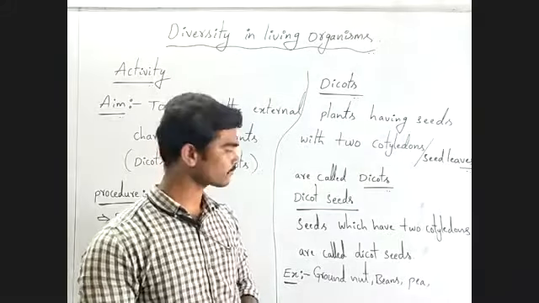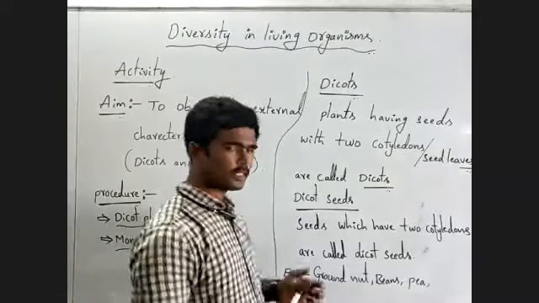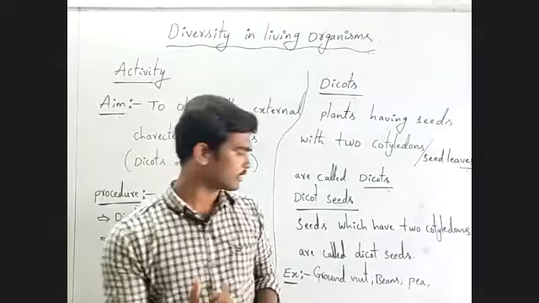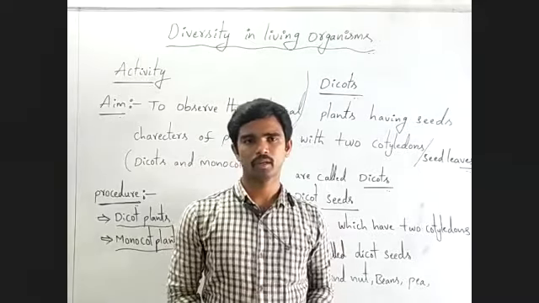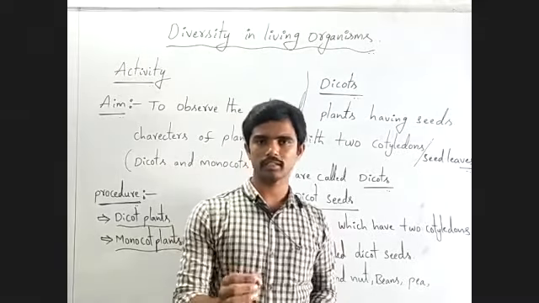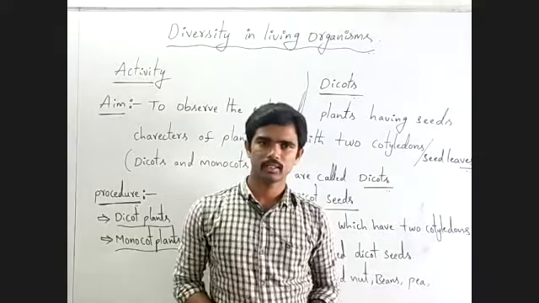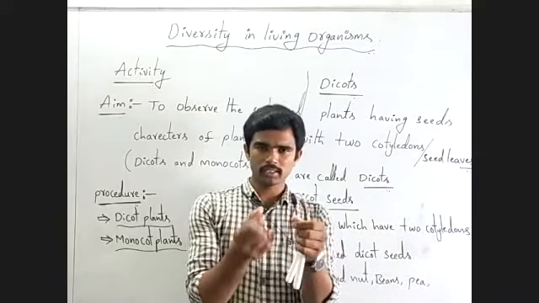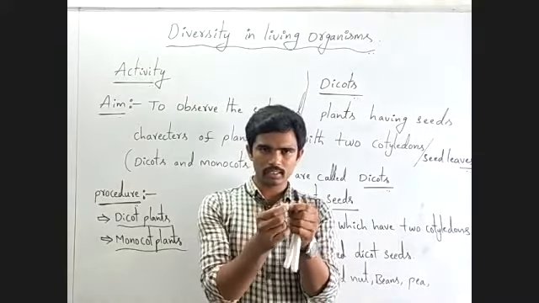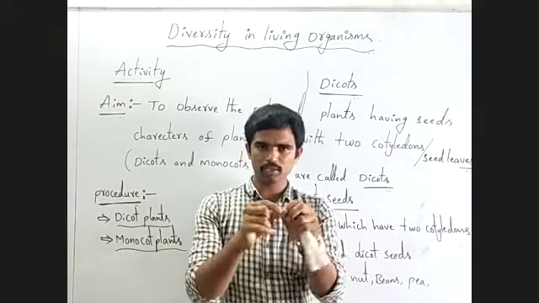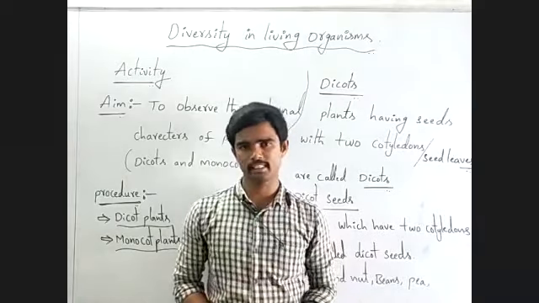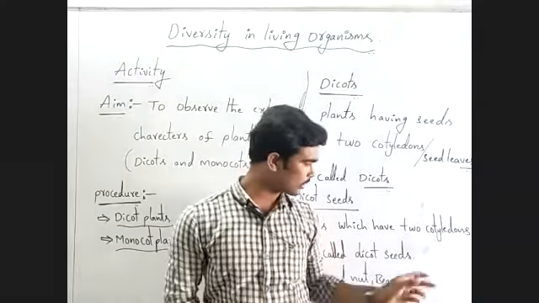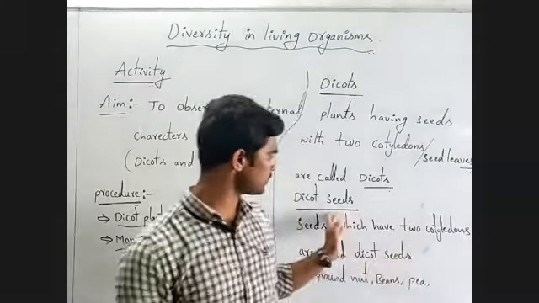We can separate the two cotyledons from the seed. You know the dal very well. Groundnut seed, we can break like this, or we can separate the two cotyledons of the seed. These types of seeds are called dicot seeds.